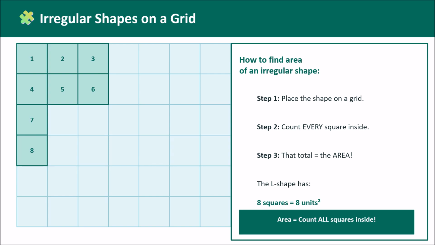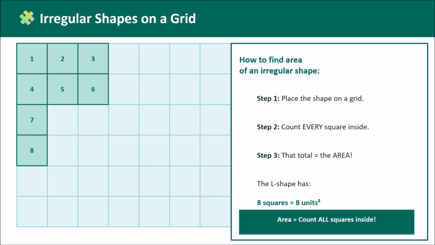Now think, shapes aren't always perfect rectangles. Sometimes they are irregular, like this. We are having an L shape. So how do we find the area of something like this? It is actually really simple. Just follow 3 steps. Step number 1, place the shape on the grid. I already put it on the grid. Step number 2, count every square that's inside the shape.